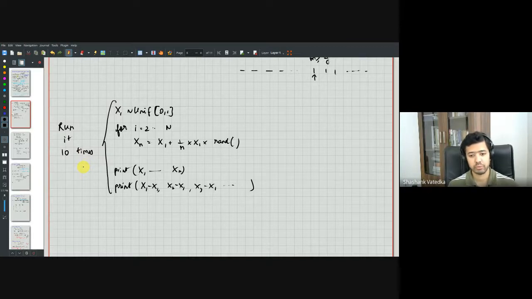Ideally, you would have to run it a very large number of times, but every time you run, this sequence will look different. But then this sequence will behave more deterministically because after a certain point, all the numbers will be small.